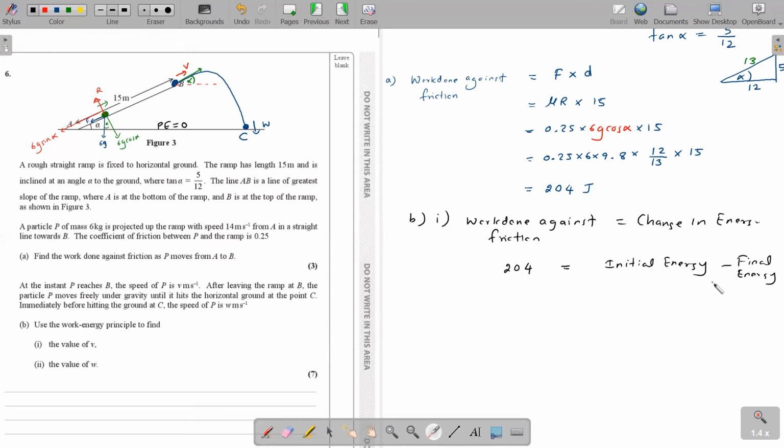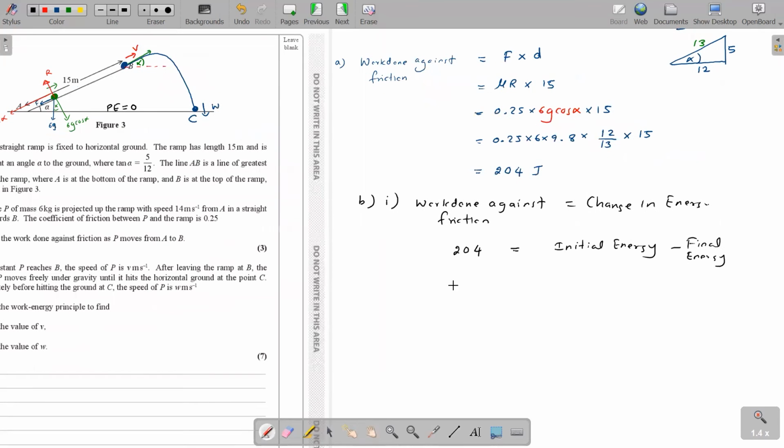Thereby, initial is larger. So what energies do we have initially? At the initial point, you start with a speed of 14, which means you have initial kinetic energy. Then minus, what about when you come to this point? What's the final energy you have here? You have GPE. Is that all the energy you have at point B?